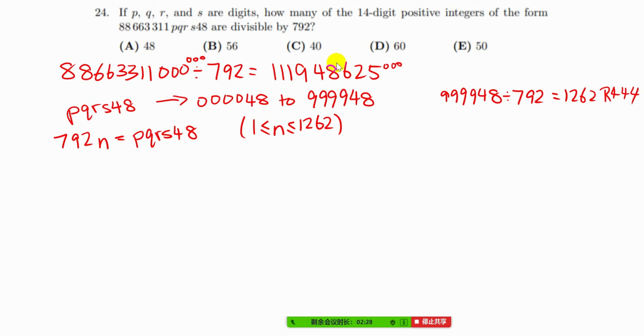In order for PQRS48 to be divisible by 792, we need 2 times n to end in 8. And then the only possibilities are when n has a ones digit of 4, so 2 times 4 equals 8, or when n has a ones digit of 9, because 2 times 9 would equal 18.